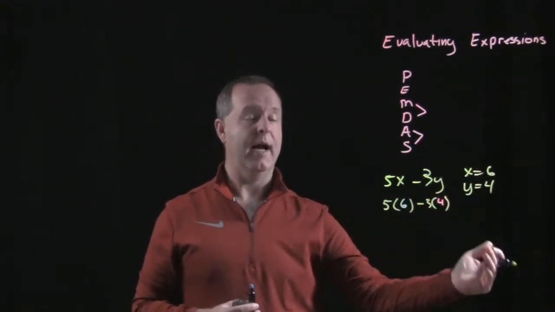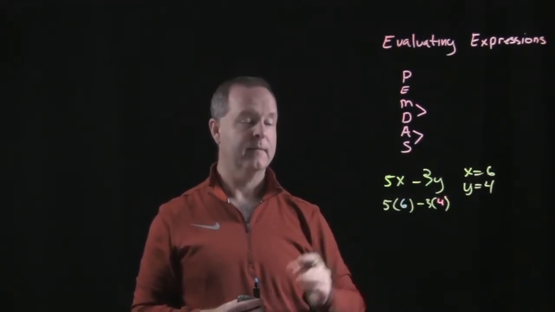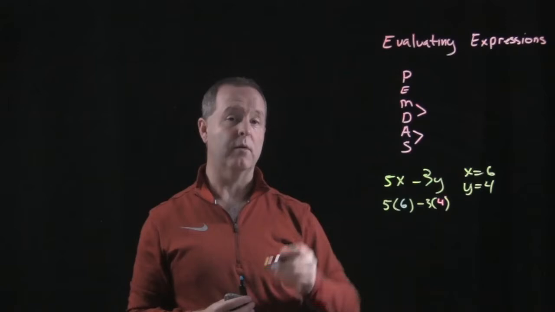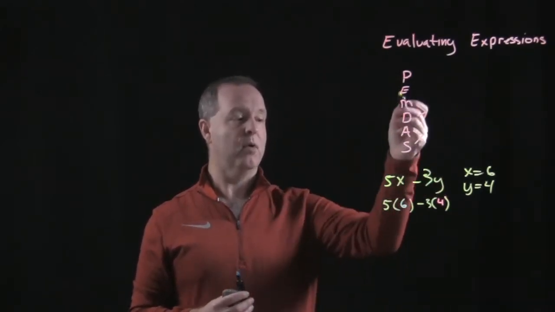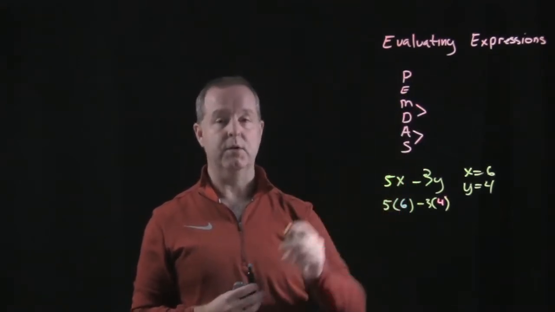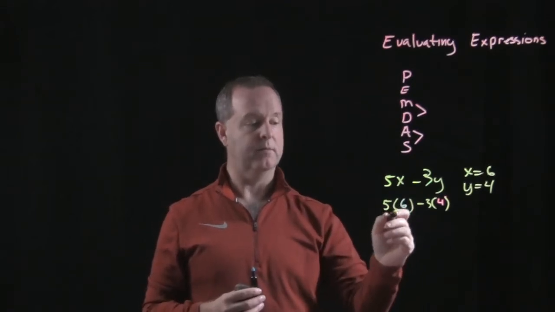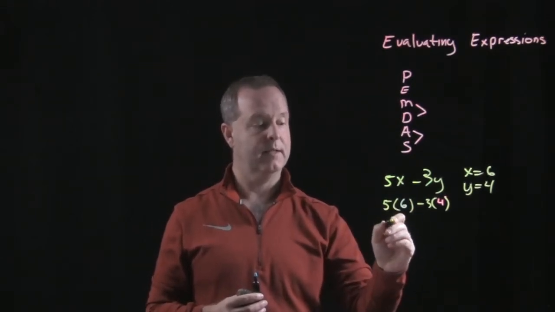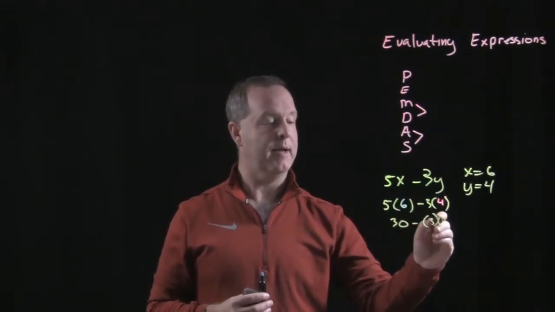Evaluating an expression, I inserted the values for the specific variables, and then I go ahead and reduce this expression. I do multiplication first. There's no parentheses, no exponents. So let's do multiplication or division, whatever happens first, left to right. So step by step, 5 times 6 is 30 minus 3 times 4.